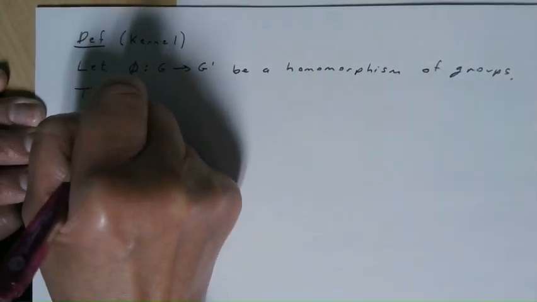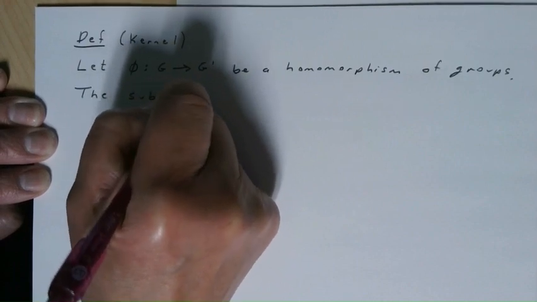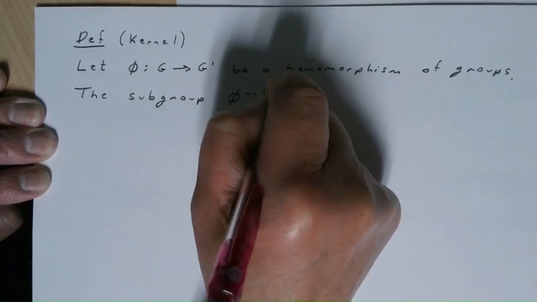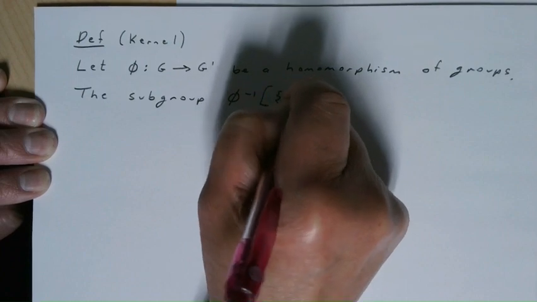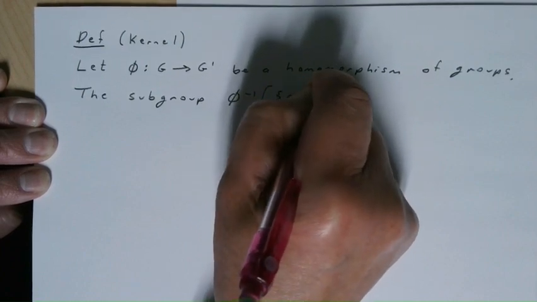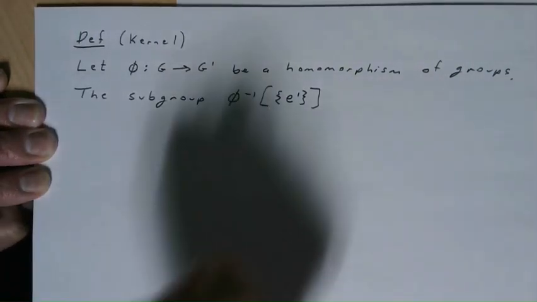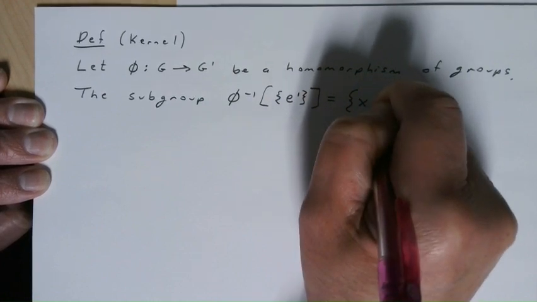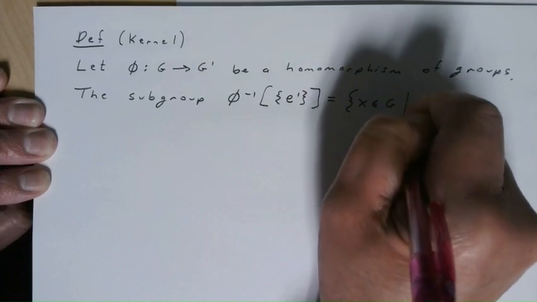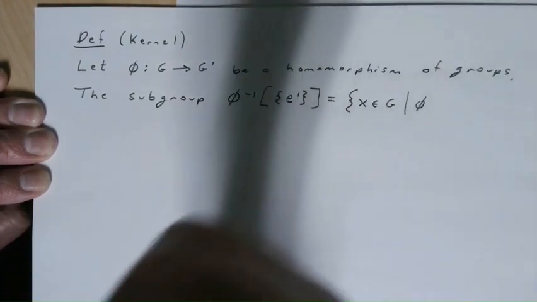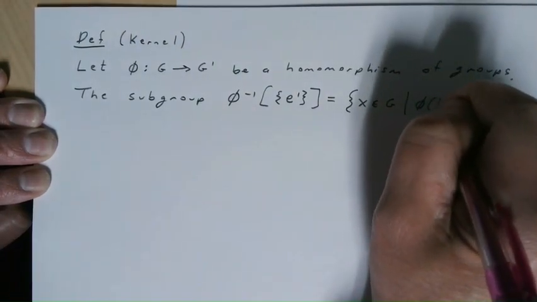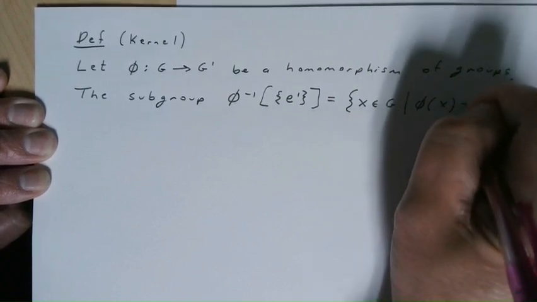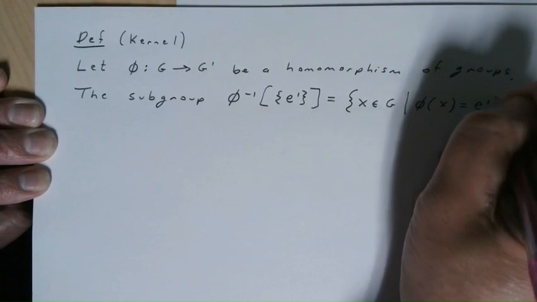And the subgroup defined this way: phi inverse of the identity E prime is equal to the x's in G such that phi of x is equal to E prime.